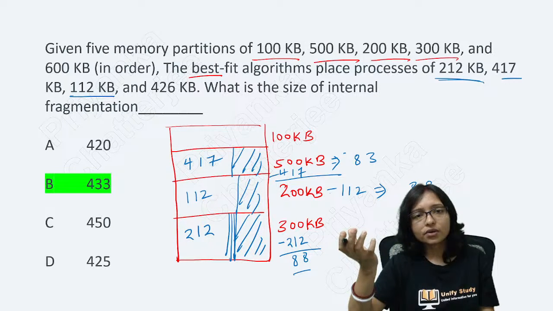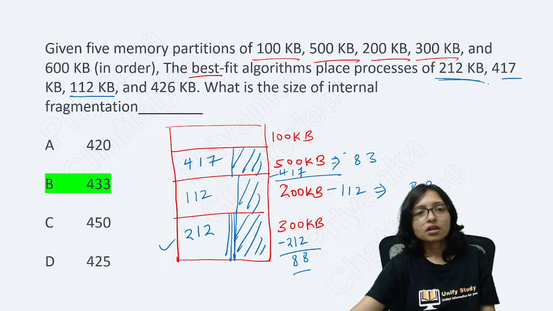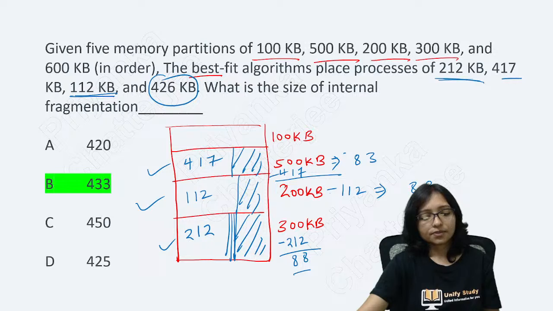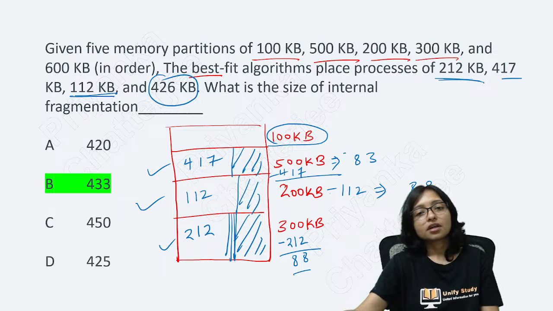Here I cannot allocate anywhere, because 212 I have already allocated here, and 417 I have already allocated here. 112 also I have already allocated here. 426 I cannot allocate anywhere, because only 100 KB is left.